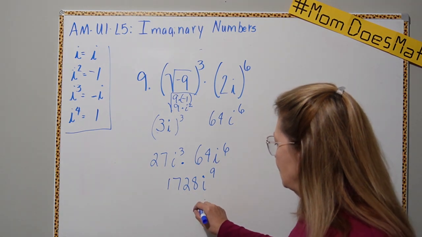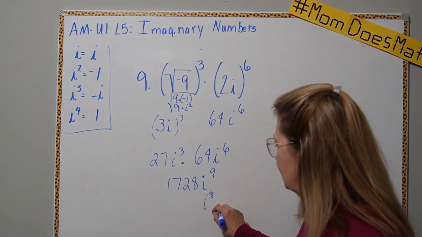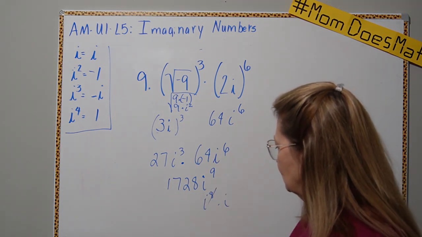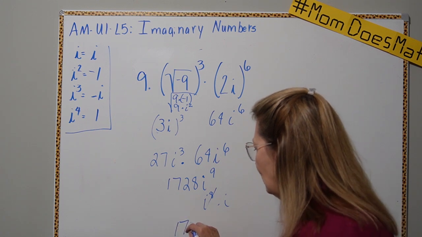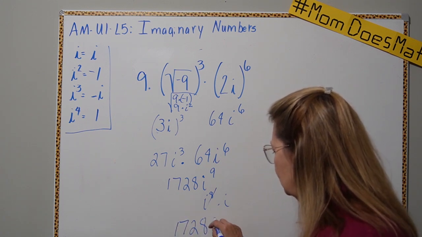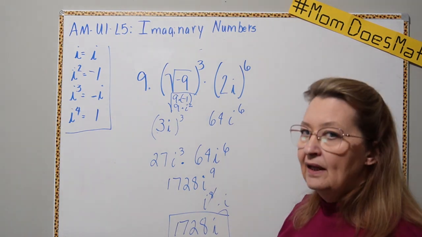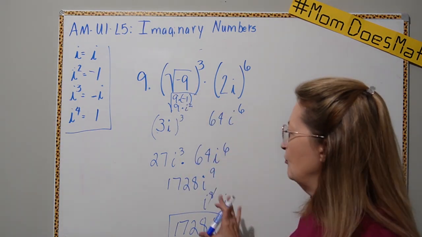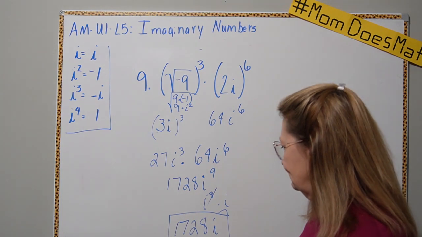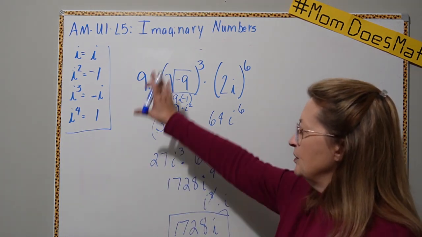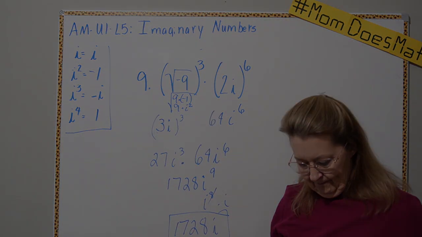So I can break this up into i to the 8th times i. Now remember, that's going to be positive 1. So my final answer here is going to be 1,728i. And yes, there are other ways you could have broken it down. So if you got the right answer and you use your chart, you're good to go.